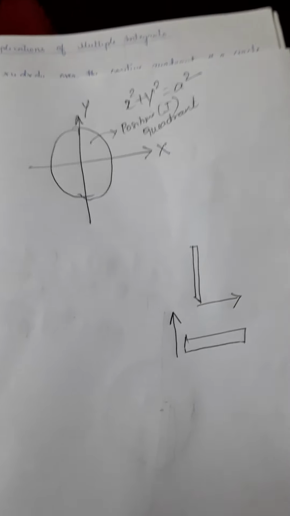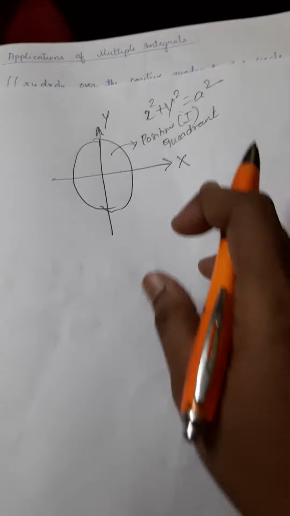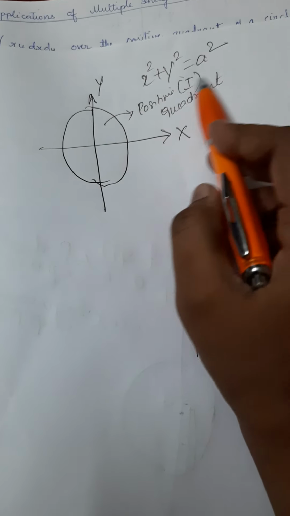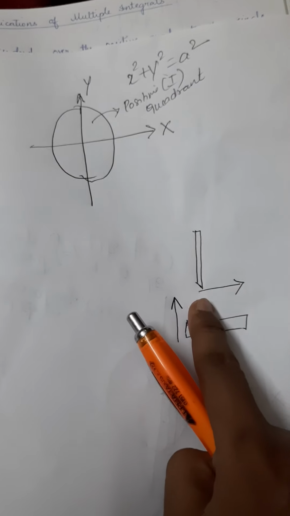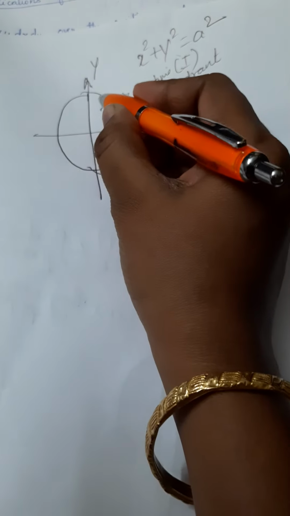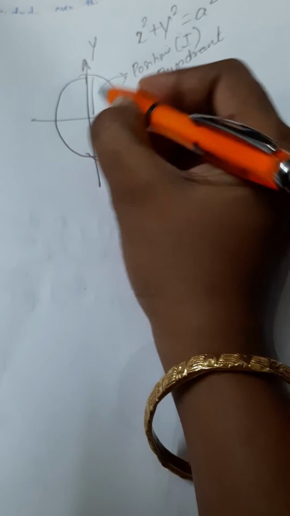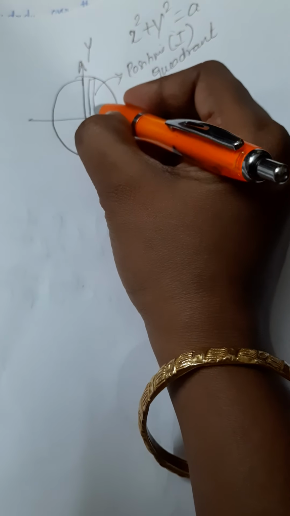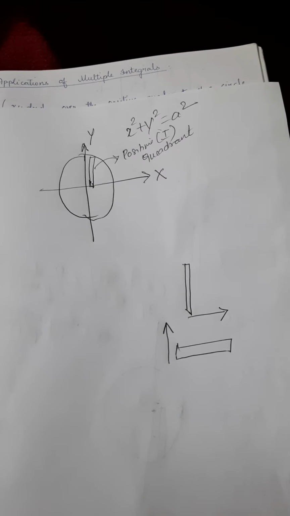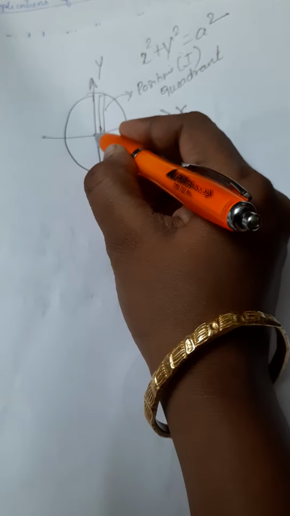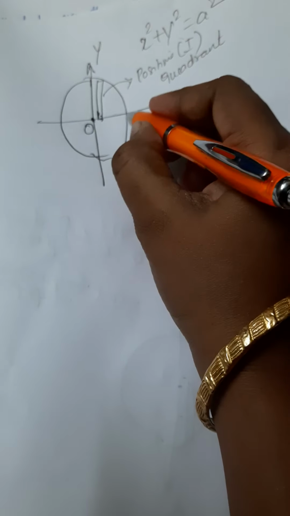So let us consider a strip. Step 1, we have drawn the figure with respect to the given equation. Step 2, we are going to consider a strip. So let me consider a vertical strip in the given region such that the strip is made to move from the origin to the end point.